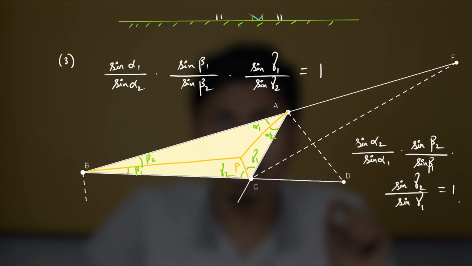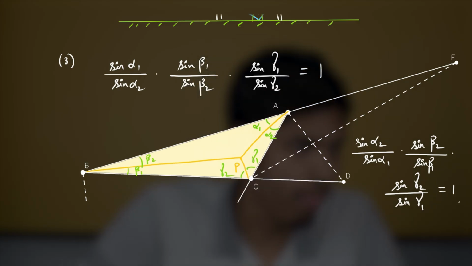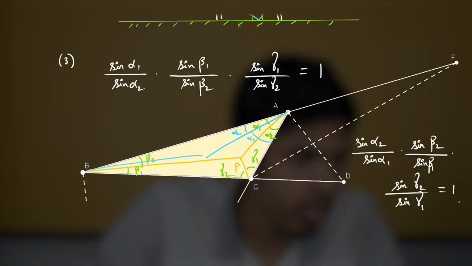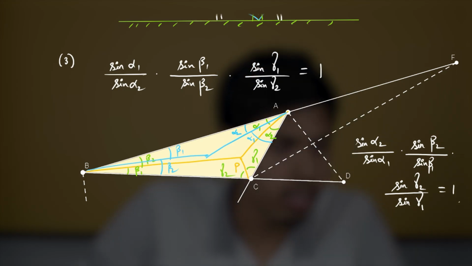equals 1. And this implies that the reflected rays that form alpha 2 with the side AB and alpha 1 with the side AC and so on, the beta 1 and beta 2 get swapped with the reflected ray, and the other angle will also be swapped.